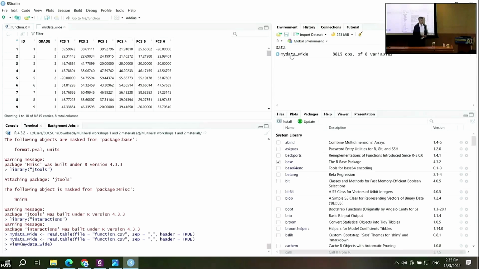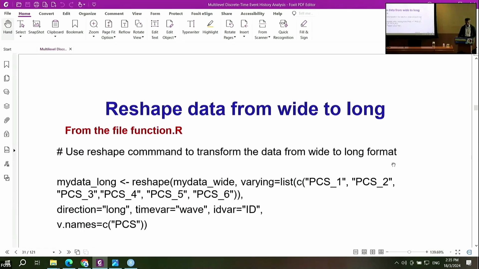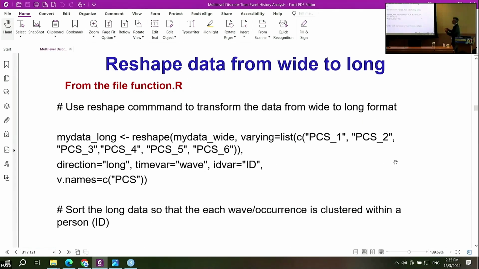Okay, so now we've got to reshape the data from the wide to the long data set. So we can use the R command reshape to transform the data from wide to long. This reshape command specifies what data set you want to reshape.